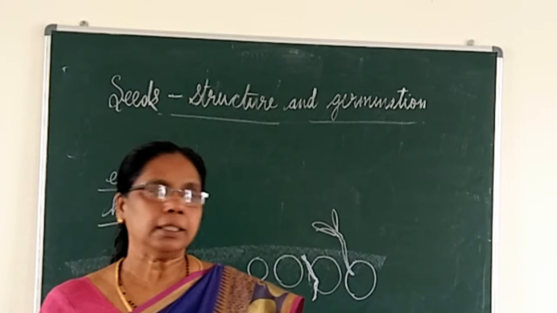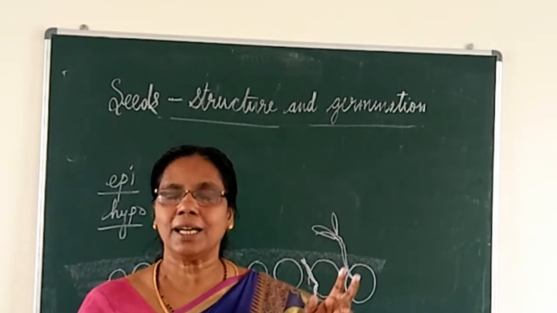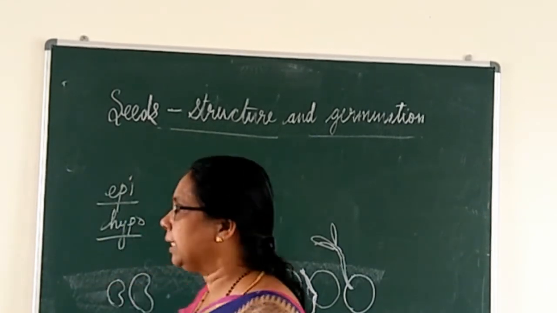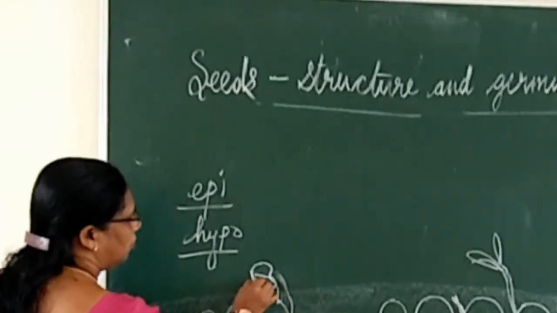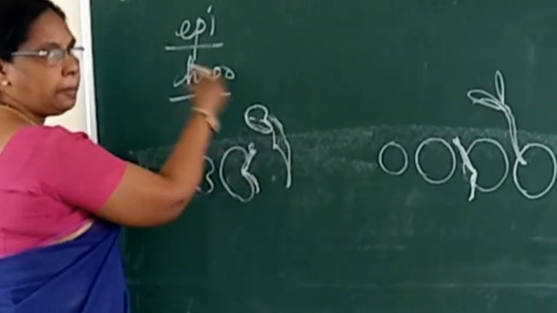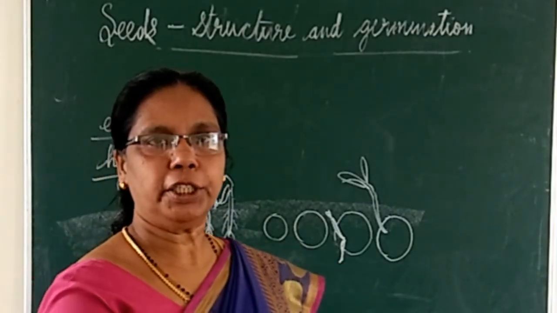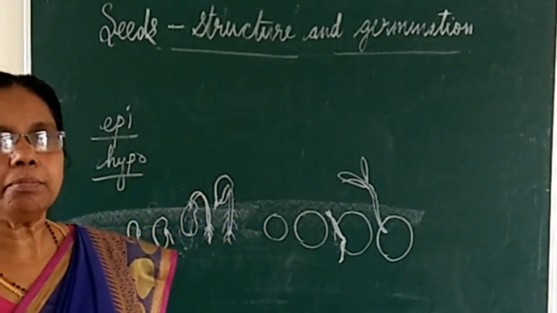The two seed coats, that is testa and tegmen, break open, and next you can see that the cotyledon will come up like this. Yes, epigeal germination takes place and the cotyledon comes above the soil.